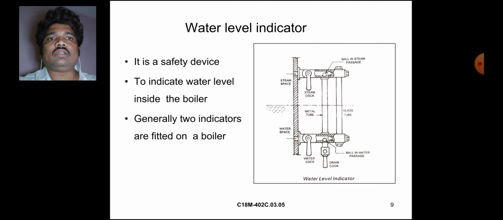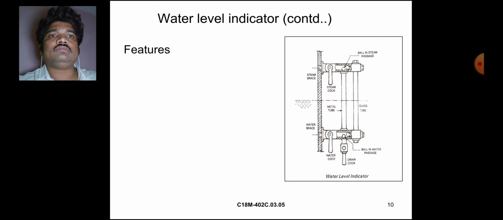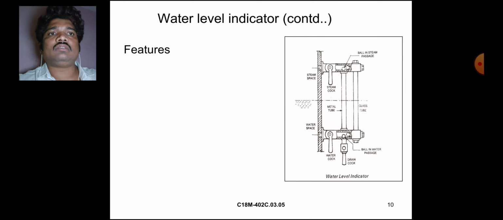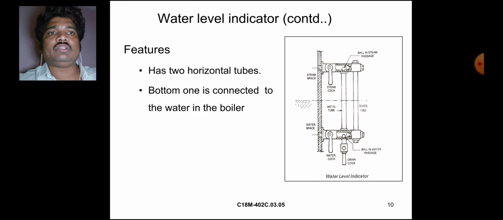Generally, two indicators are fitted on a boiler. Features: it has two horizontal tubes. The bottom one is connected to the water in the boiler.